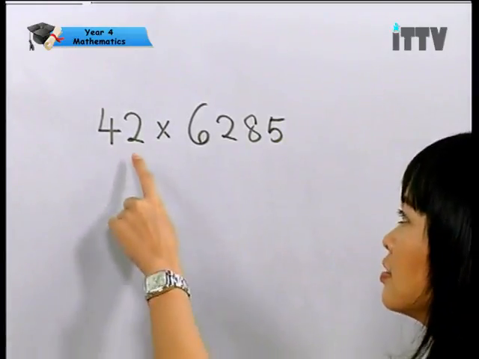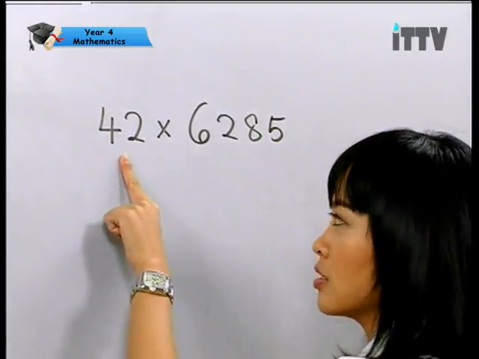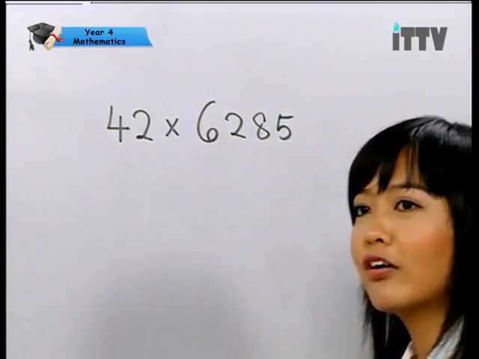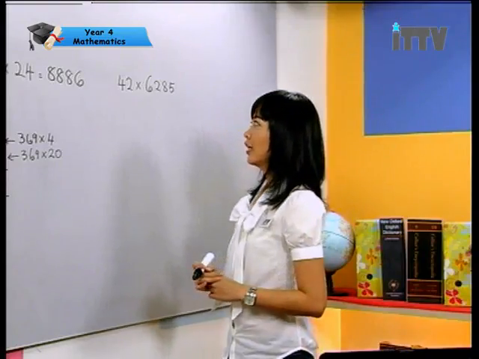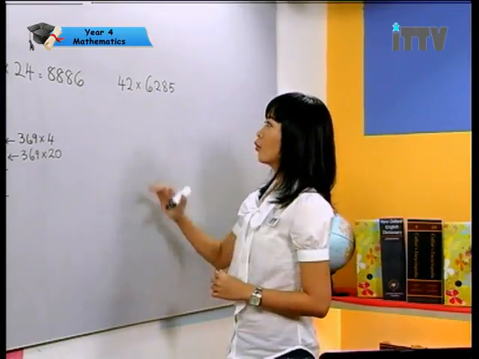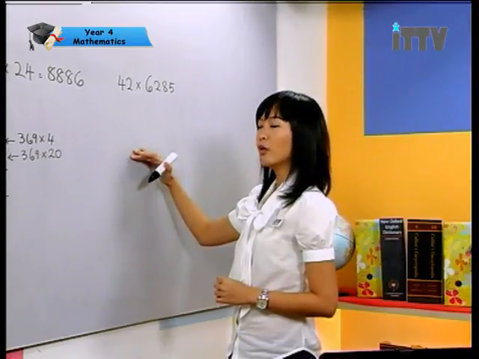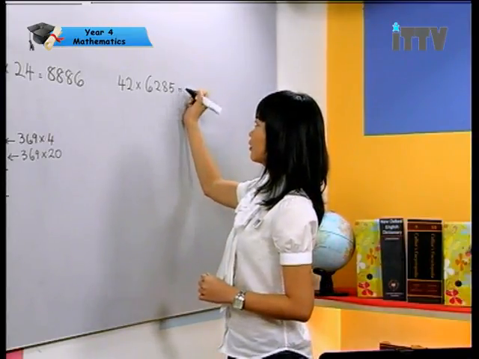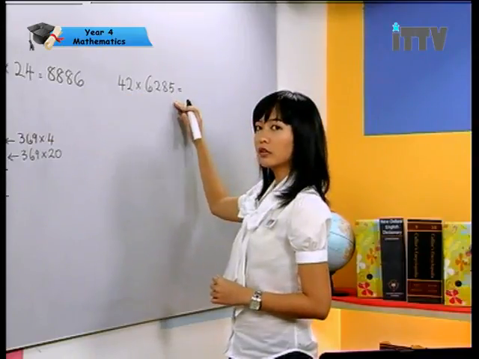Okay? This is the number of passengers that can fit into one bus. And this is the number of buses that we have. Okay, multiplication. Remember the handy tip just now? When we want to write it in vertical form, we put the bigger number on top. Okay? Now, this is the number sentence in horizontal form.